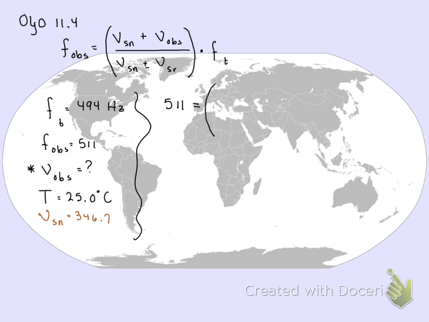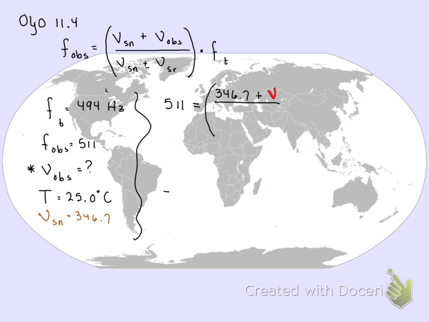The velocity of sound is 346.7 plus the velocity of the observer. There's our unknown right there. And in fact, I'm going to make that red just so we recognize that that is the only unknown we've got.